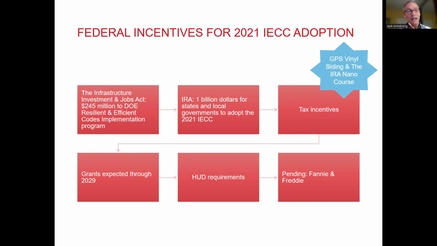Additionally, HUD, Housing and Urban Development, is strengthening some of the requirements for the reference benchmark if you want to have VHA loans, VA loans, and FHA loans. Those are going to be reindexed to build to the minimum 2021 standards.